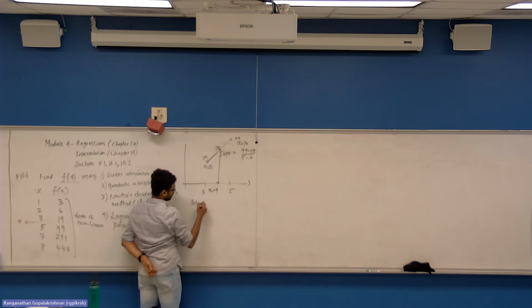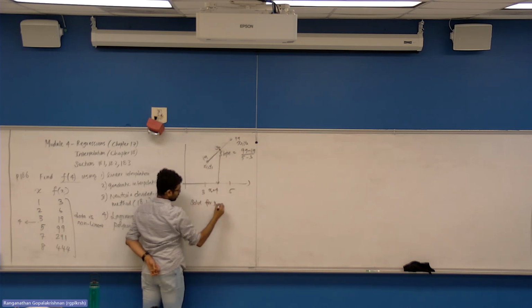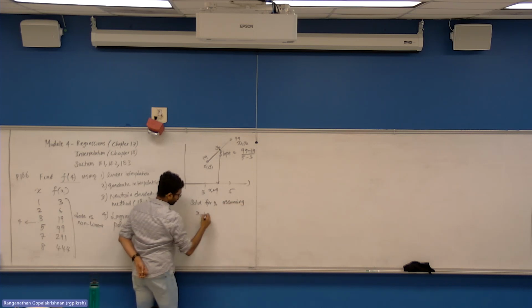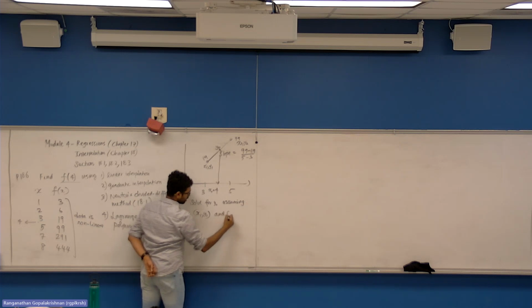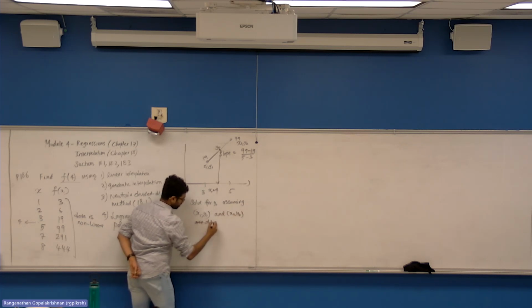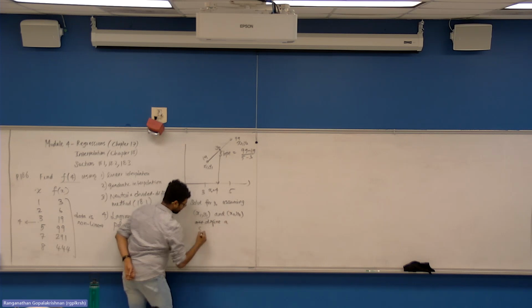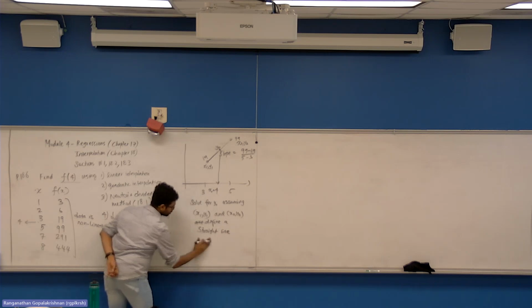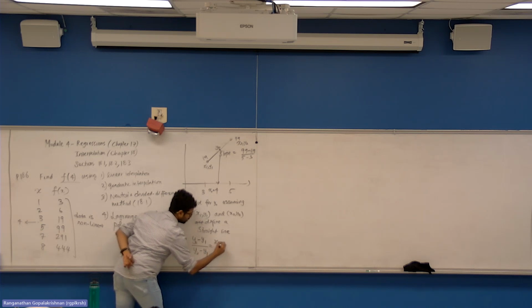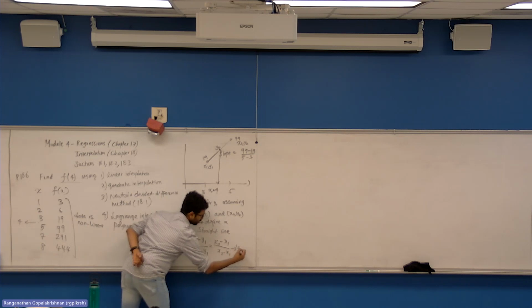We need to solve for y naught, assuming x1, y1 and x2, y2 define a straight line. We did this last time, so I'm not going to fully repeat it. So I'll say y naught minus y1 divided by y2 minus y1 equal to x naught minus x1 divided by x2 minus x1, which gives you y naught.